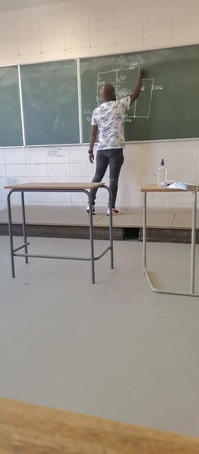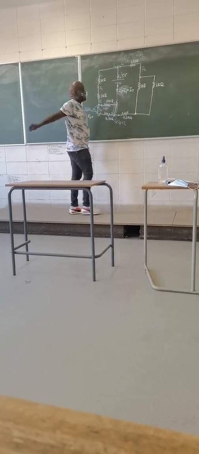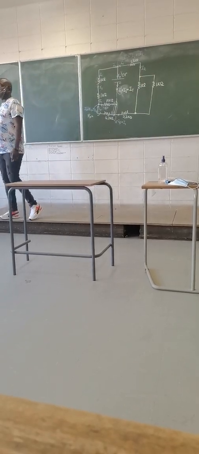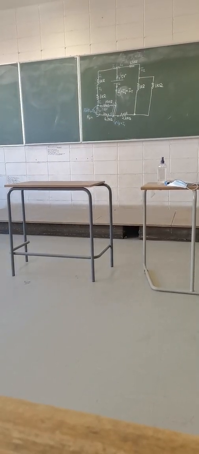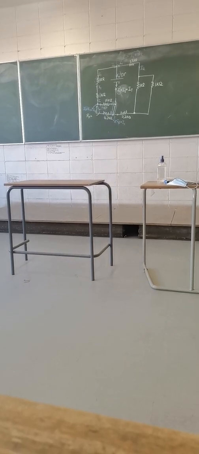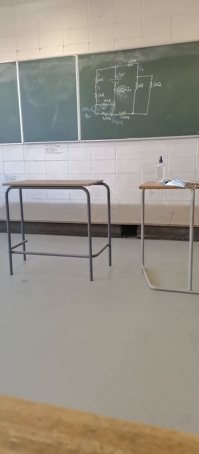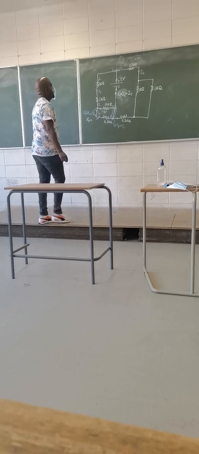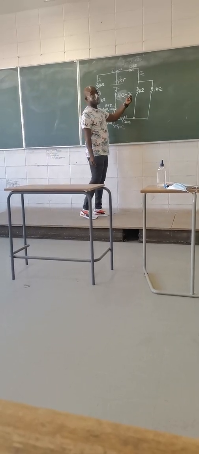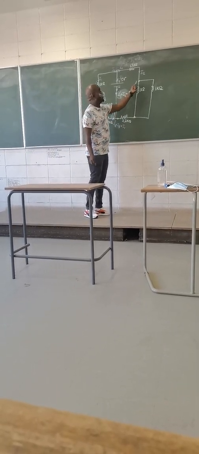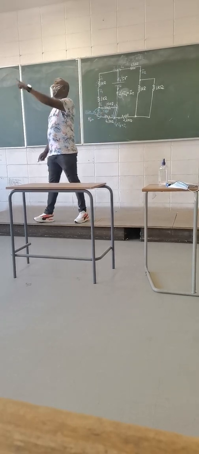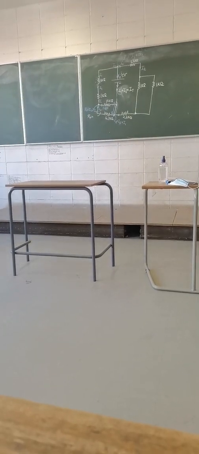I have I2. When I2 is flowing, what does it see? It sees a junction.